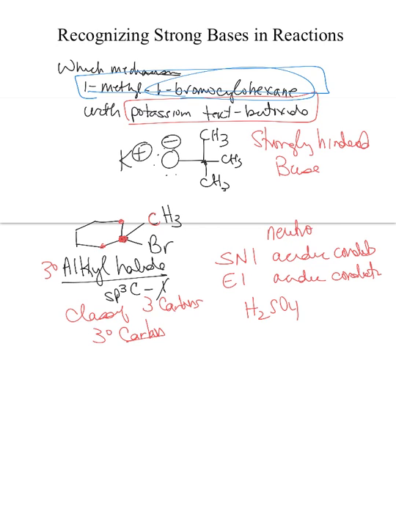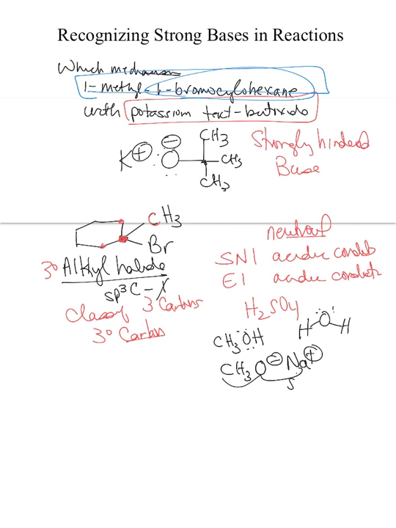What's a neutral condition? Just methanol, that could be solvolysis. Water. You notice they don't have a negative charge. The negative charge makes it all of a sudden methoxide. Now you have strongly basic conditions.